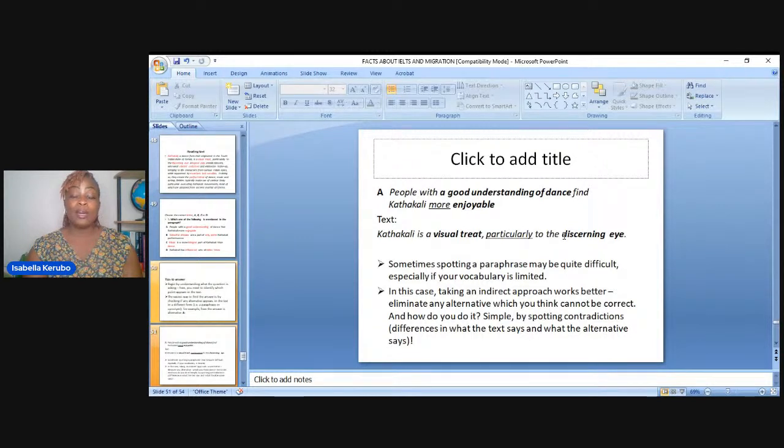So if you have that ability, that is another way that you can describe a good understanding of dance. Okay, so for people with a good understanding of dance, this is another way of saying discerning eye. People who are in a position to determine if whatever they are watching is of good value or bad, or people who have a better understanding of whatever it is that they are watching.